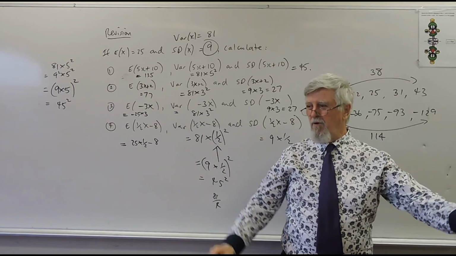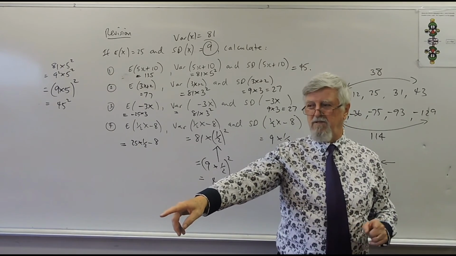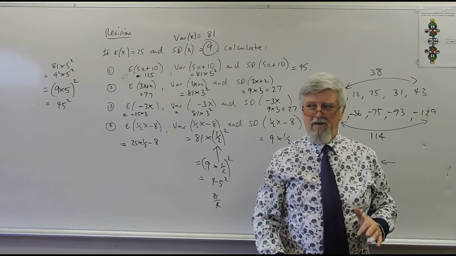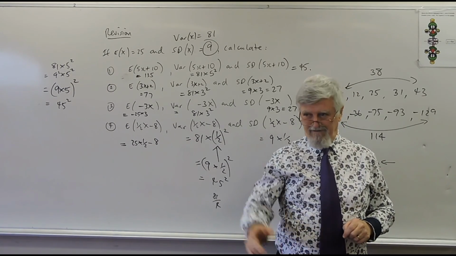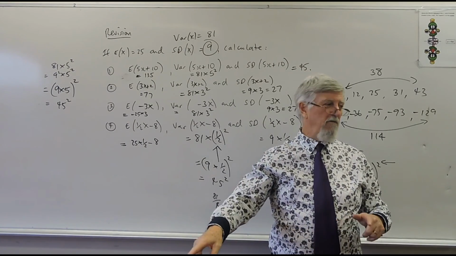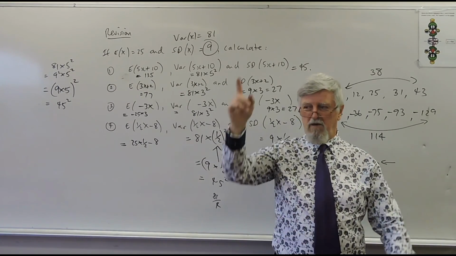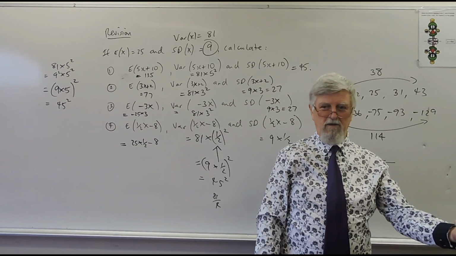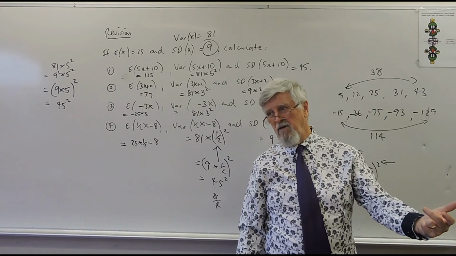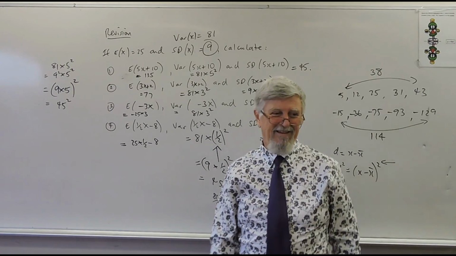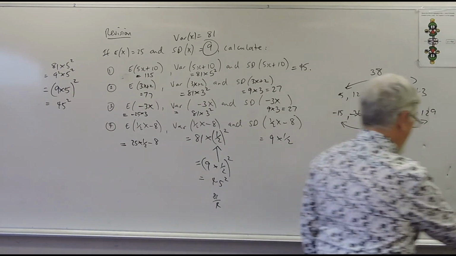If you multiply by a third, what happens to the variance? Multiply by a third squared, which is a ninth. If you multiply by 5, what do you do with the variance? Multiply by 25. Multiply by 7.3, what do you do with the variance? Multiply by 7.3 squared. Enough said.